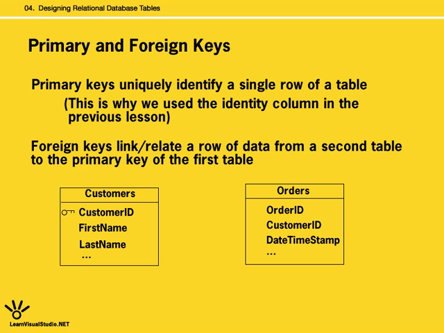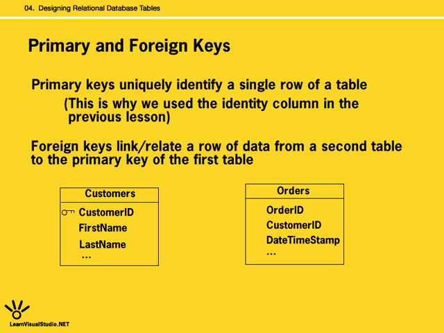Next, I have a second table that I've created called orders. And I've defined a column called order ID, and my intent is to make that the primary key of this table. Now, the next field down, the customer ID column, I intend for this to be the foreign key, and I'll use this to relate the orders back to the customers.